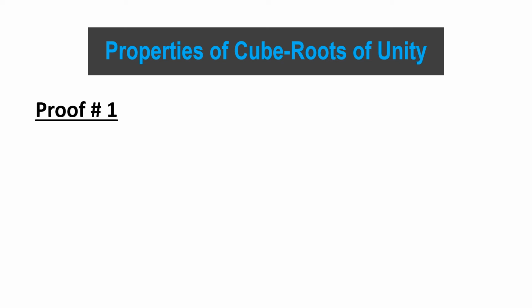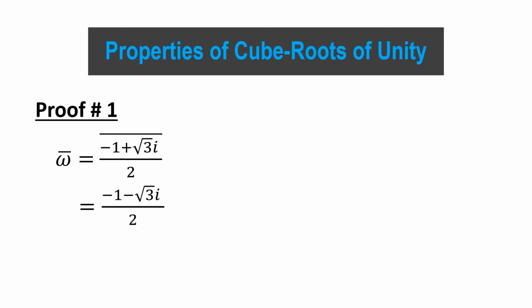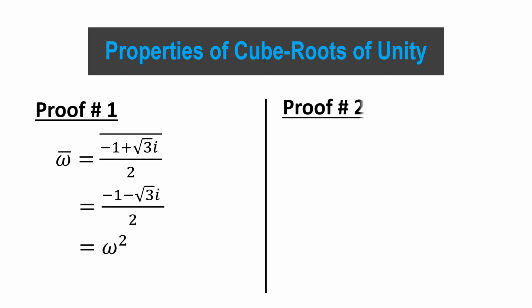Property number 7. Two complex cube roots of 1 are conjugate of each other. That is, conjugate of omega is equal to omega squared and conjugate of omega squared is equal to omega. Proof number 1.